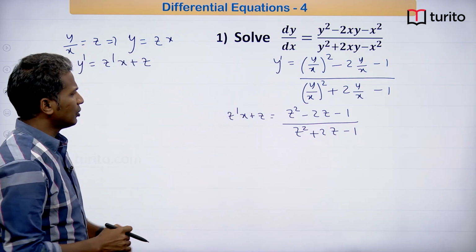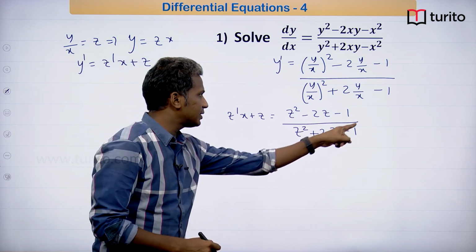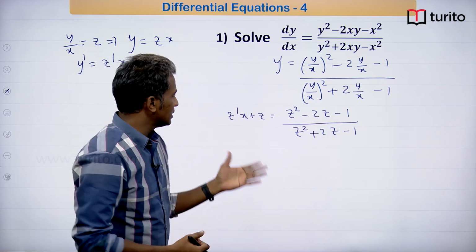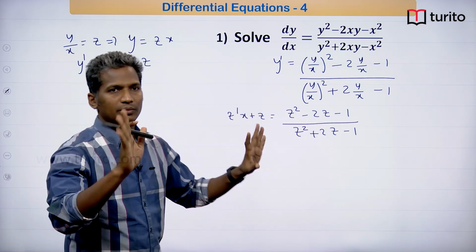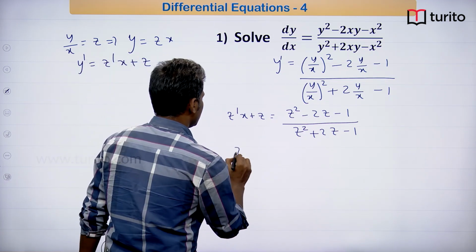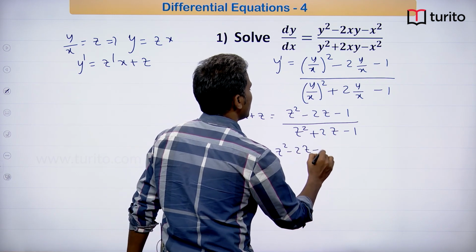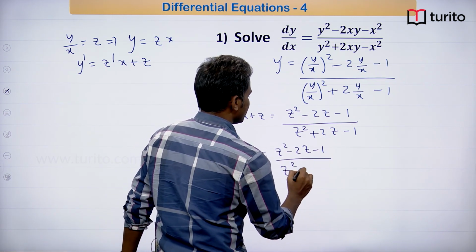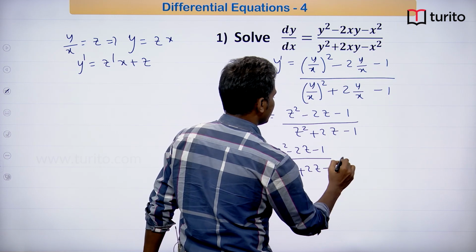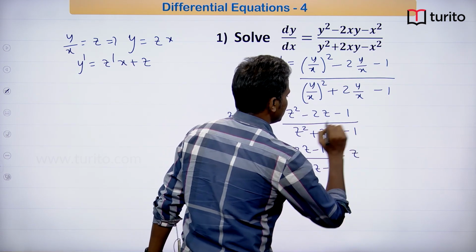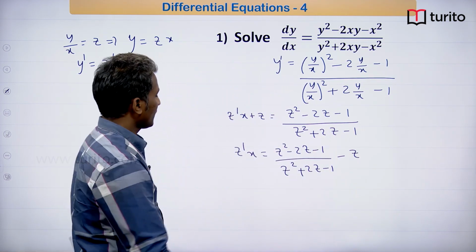Okay. Now what is our next step? Take the z to the other side. As I told, these steps are common in all questions. So z dash into x is equal to z square minus 2z minus 1 by z square plus 2z minus 1 minus z. Now we have to simplify it.